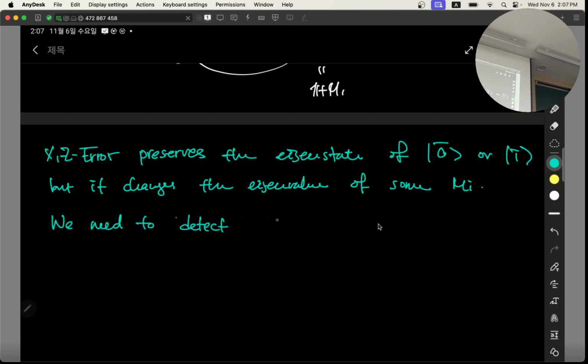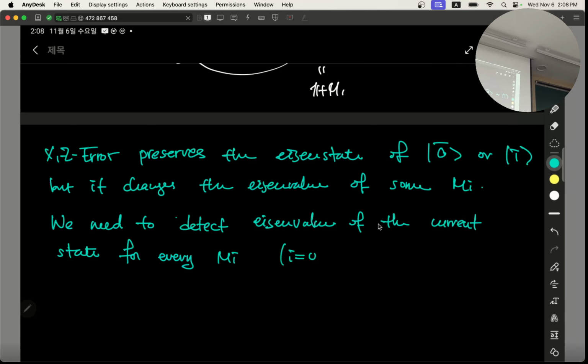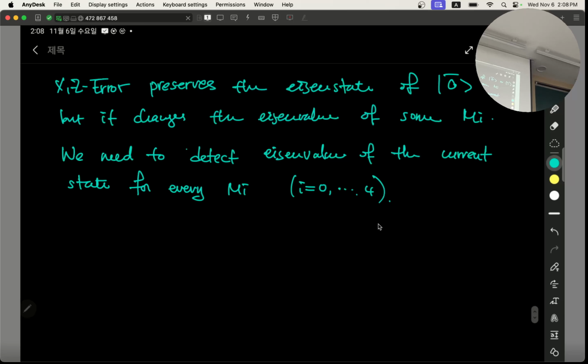So we need to detect the eigenvalue of the current state for every mi, for i from 0 to 4. So I want to find out the eigenvalue. So how do we find out the eigenvalue?